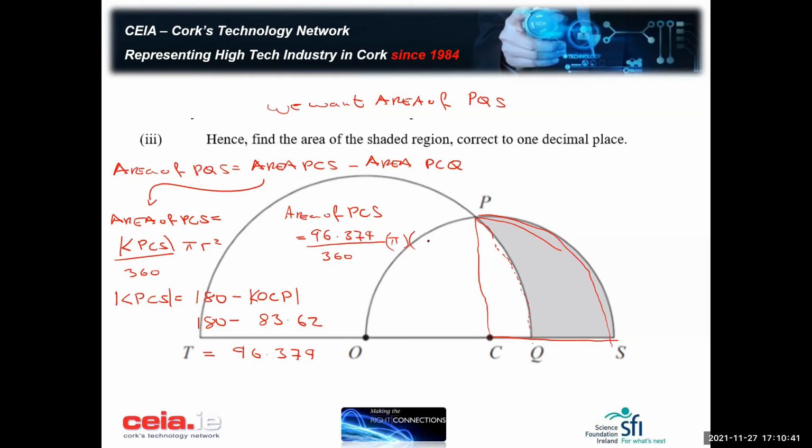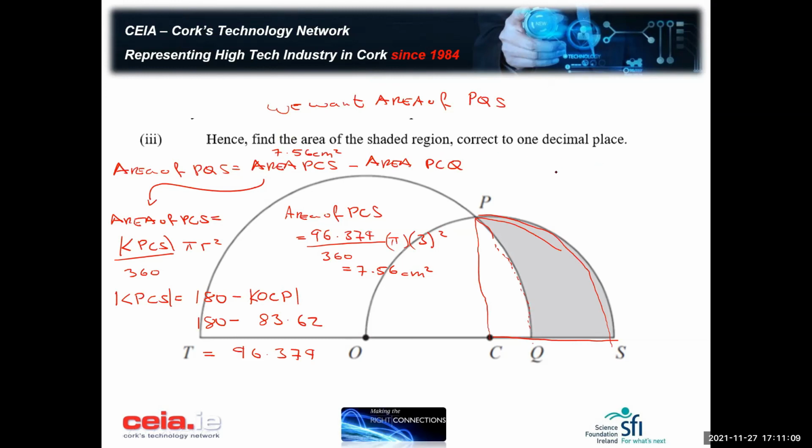And r, remember, we're dealing with the smaller semicircle on the right hand side, so r is 3, so it's 3 squared. So therefore the area of PCS is 7.56 centimeters squared. Okay, so that's the area of PCS, 7.56 centimeters squared. So now the area of PCQ.